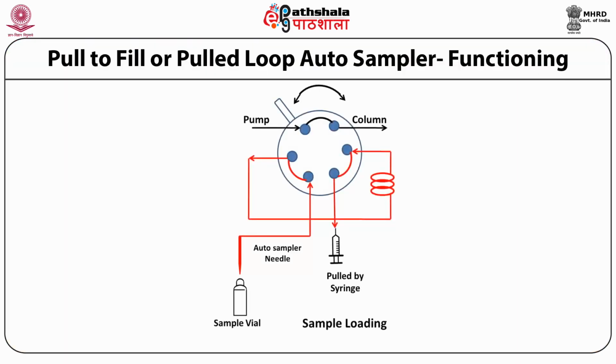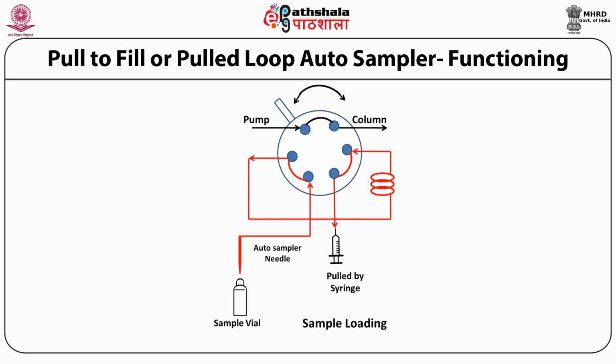Pull to fill or pulled loop autosampler. During the inject configuration, mobile phase flows from the pump into the column through the sample loop. The valve orientation disconnects all other autosampler components from the hydraulic path. The injection valve now has to load the sample. The syringe or metering pump pulls an exact volume of sample from the vial and transfers it into the sample loop in either full or partial loop mode.